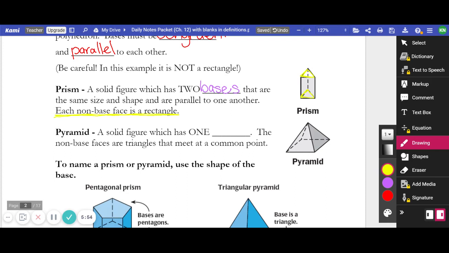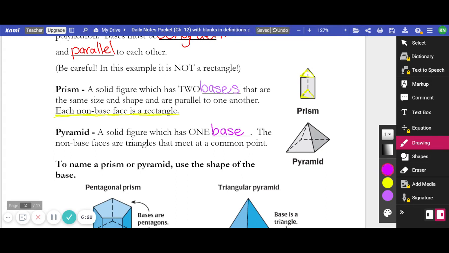Our other common type of solid at the beginning is going to be a pyramid. We see these in history. We see these in Egypt. The ancient Egyptians made those pyramids at Giza and other places. Pyramids are a common geometric figure. They have one base. That base can be any polygon.